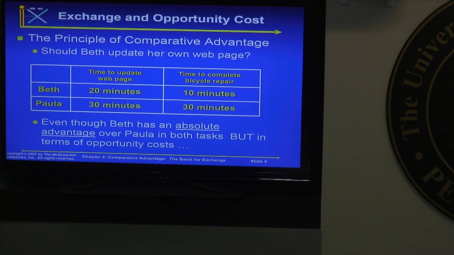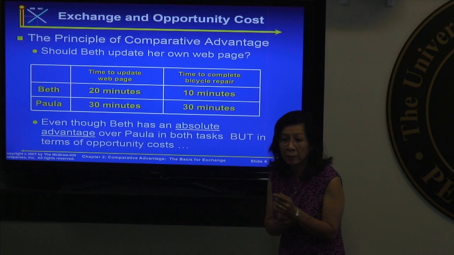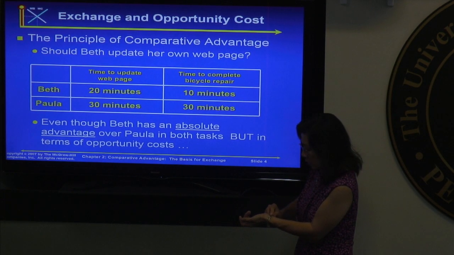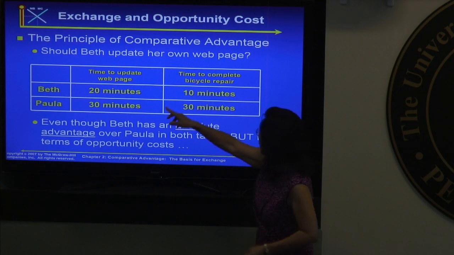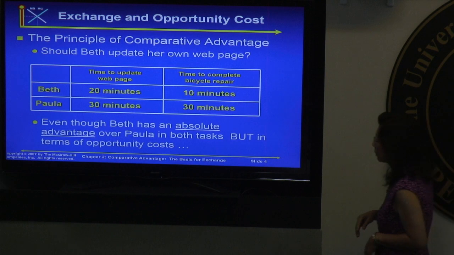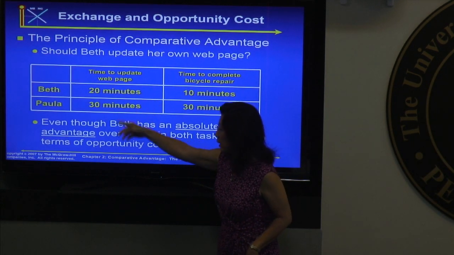Okay. So if you look at your books here, or these PowerPoint slides, we're looking at two ladies, Beth and Paula, and two tasks. The first task is how much time she takes to upgrade the website. The second task is repairing a bicycle. How much time does she take to repair a bike?